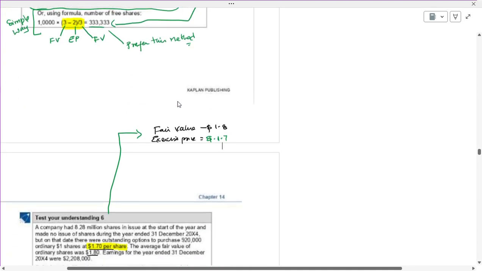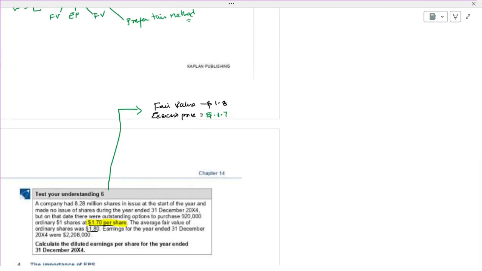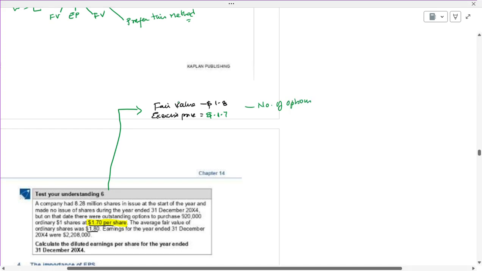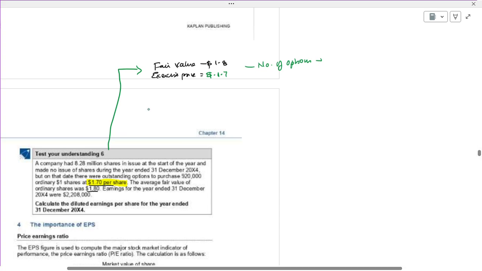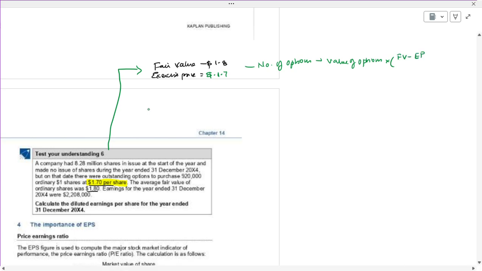Now, what is the number of options? First you take the number of options, how much? 920. Value of options, I will write like this: number of options times fair value minus exercise price divided by fair value.